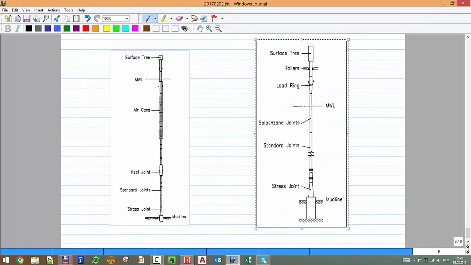Here we don't have the platform, so we don't have any other complexity, but here you have a subsea wellhead, which is just part of it, just as the casing hanger. Then you have the stress joint, you have the riser going up, and there you see in the riser you have attached a load ring. That's where you're going to put this support mechanism, this pulley system that is going to keep it in tension all the time. Remember, you are supporting all the weight.